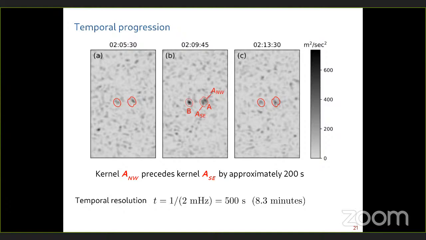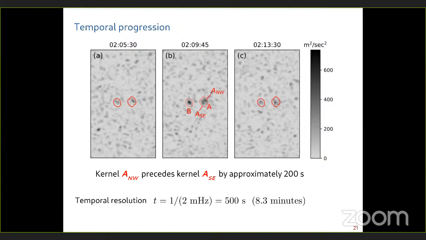Oh yes, in fact, there is a temporal resolution, given by the fact that we are analyzing those images in bandwidths of 2 millihertz. So we have a temporal resolution of about 500 seconds.